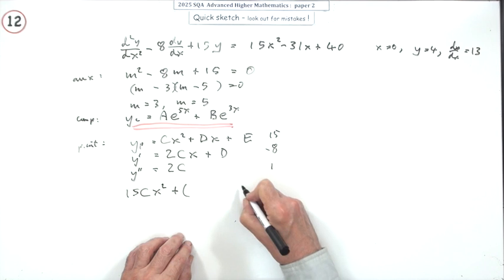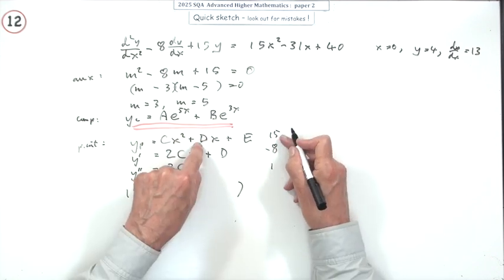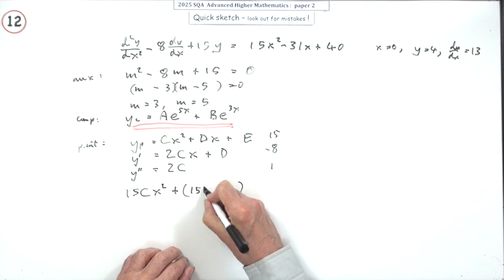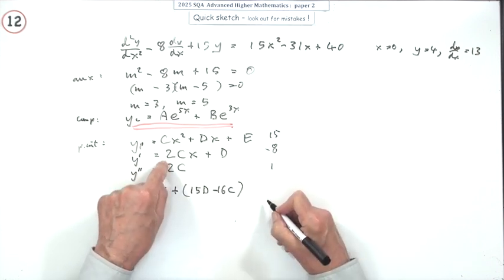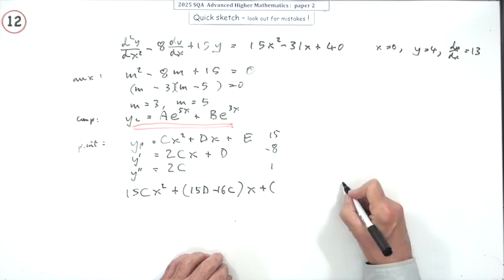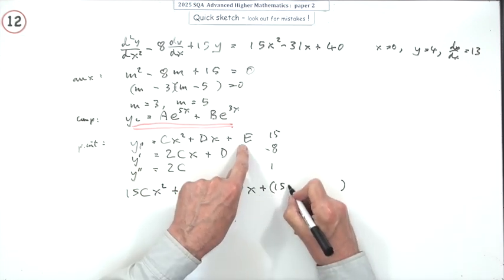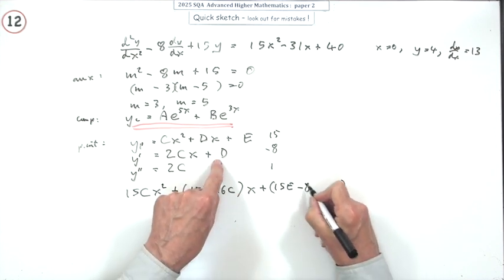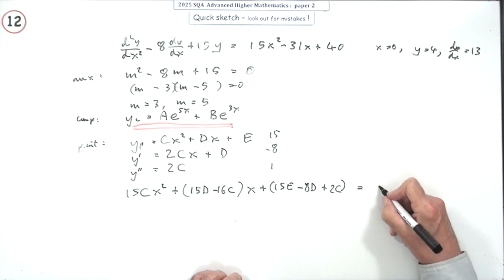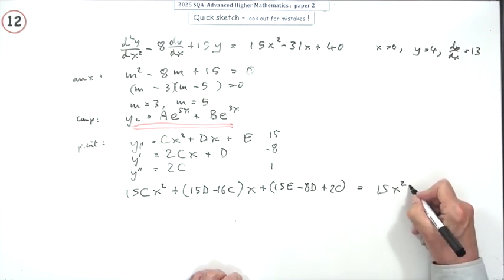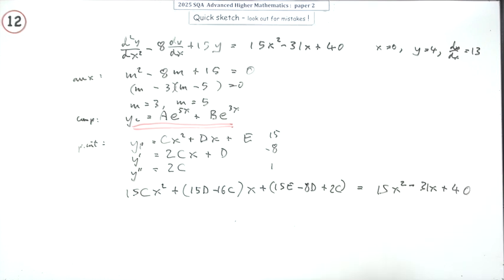Now, there are two terms that give me x. So I've got a 15d minus 8 times it, minus 16c, lots of x, and then for the constant I've got 15e, minus 8d and plus 2c, and that lot should be the same as 15x squared minus 31x plus 40.